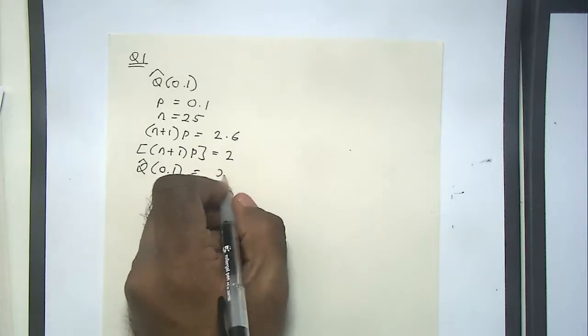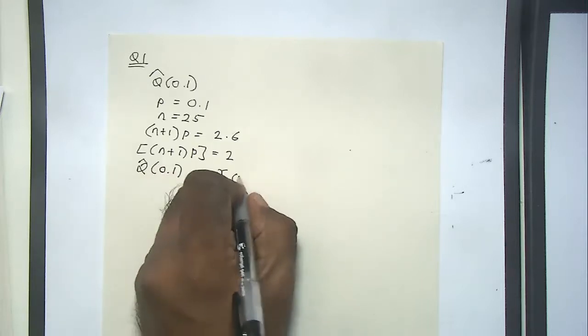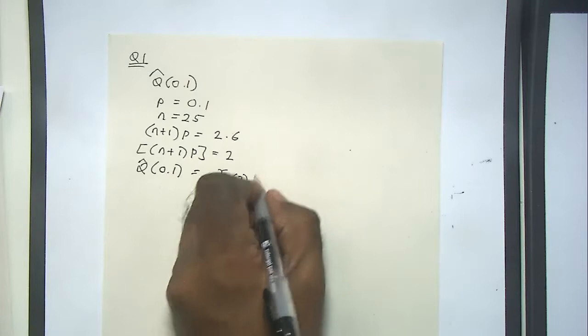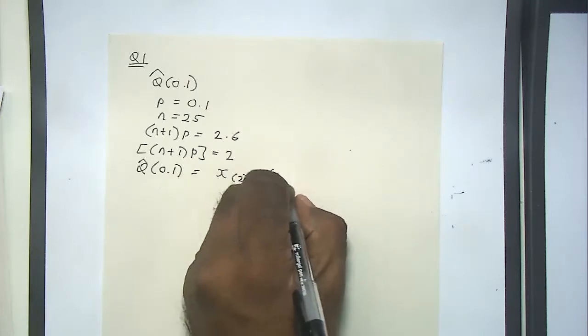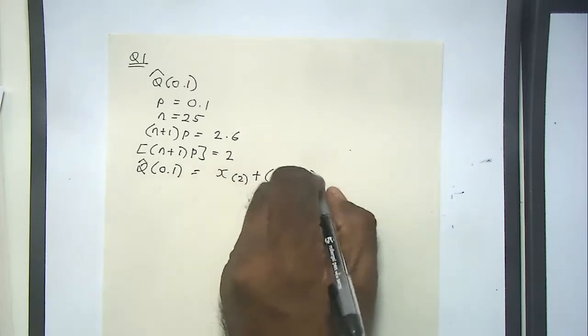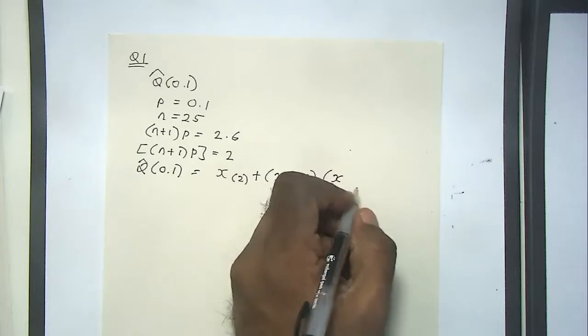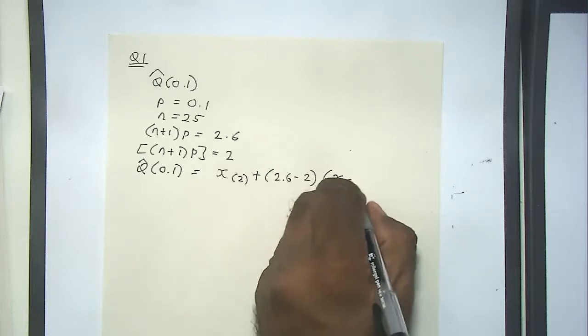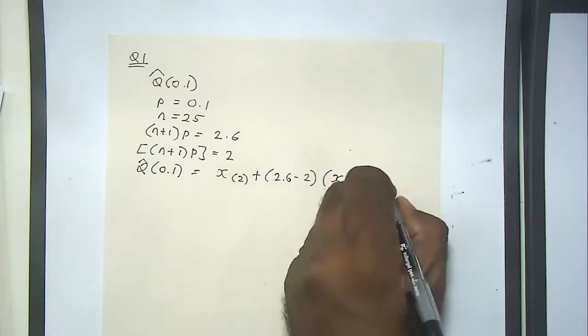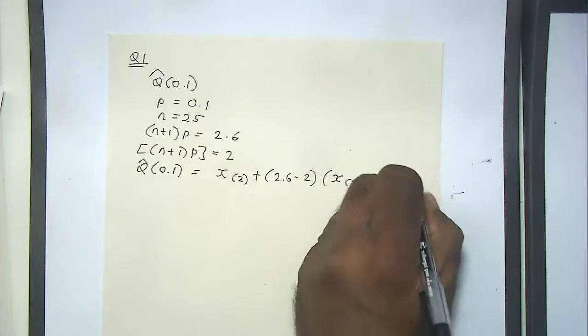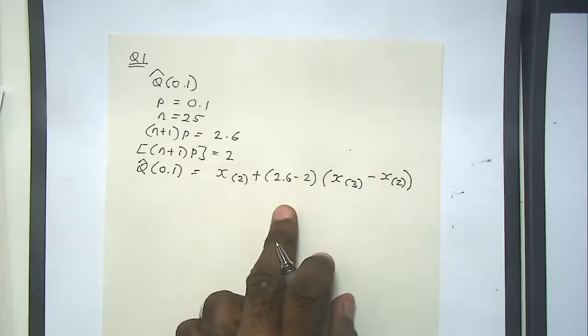So your Q hat, using the formula I gave you in the lectures, is x2, the second smallest data point, plus (2.6 minus 2) multiplied by (x3 minus x2). You should remember this from the notes.